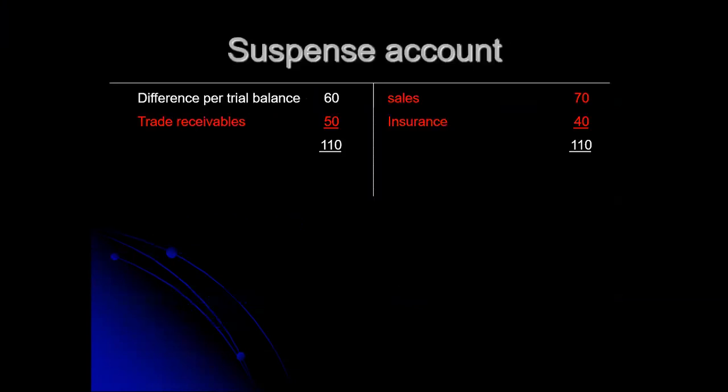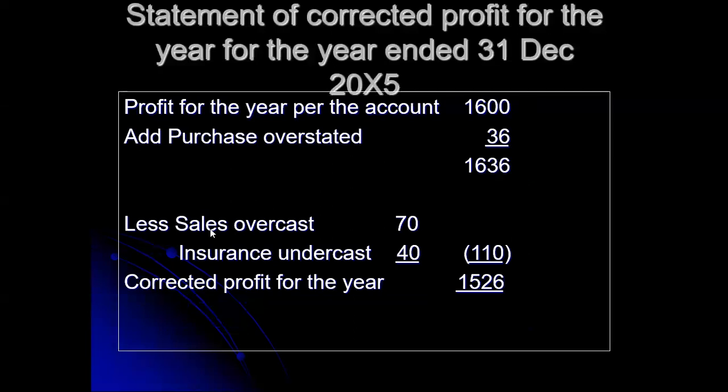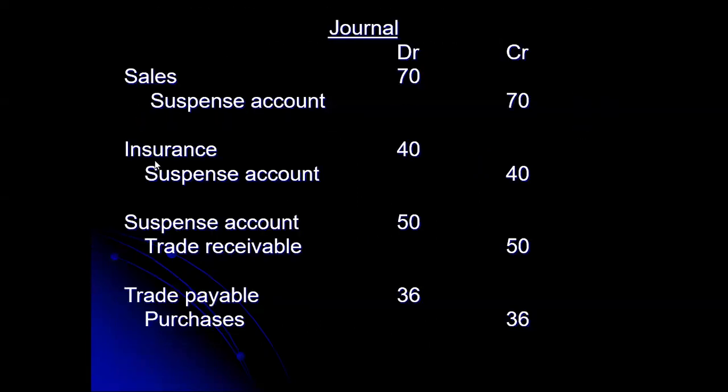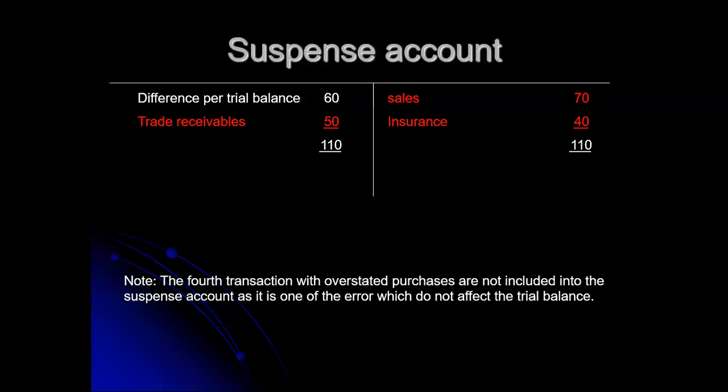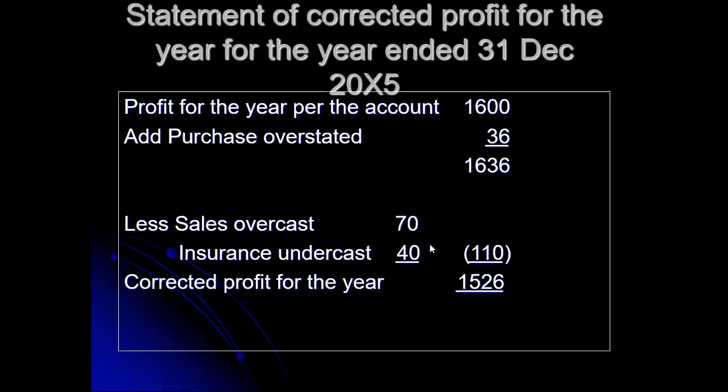So you must only see it from profit's point of view. So this will cause profit to decrease by 70. And then here we have insurance, which is an expense, and I've debited. Debiting insurance means I'm increasing the expense. So when you increase expense, again, profit will decrease by 40.